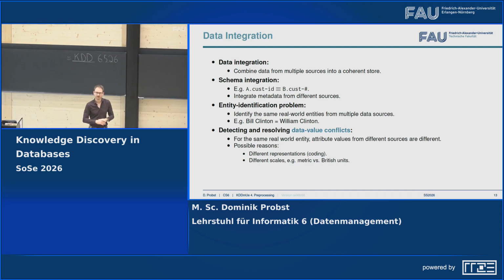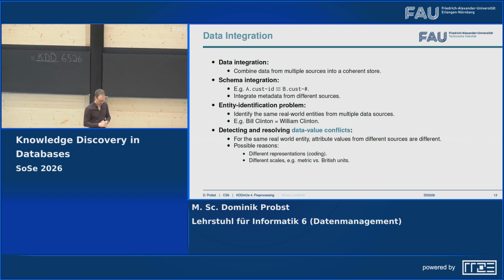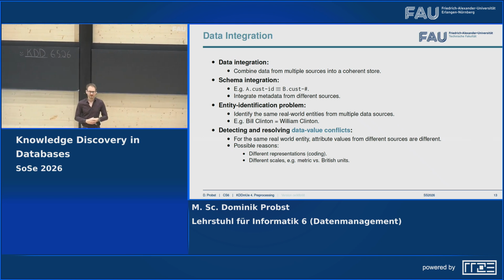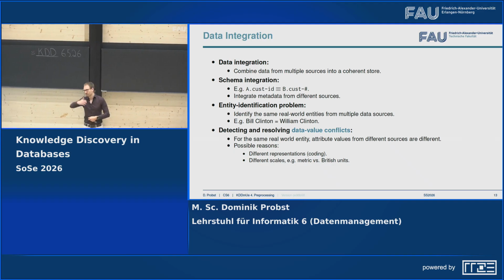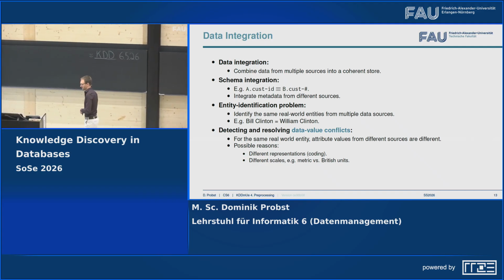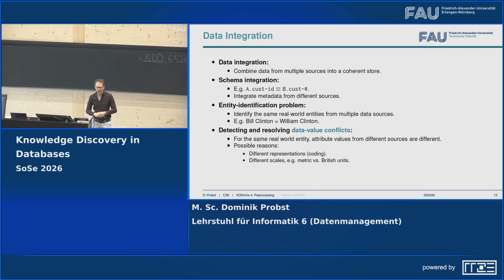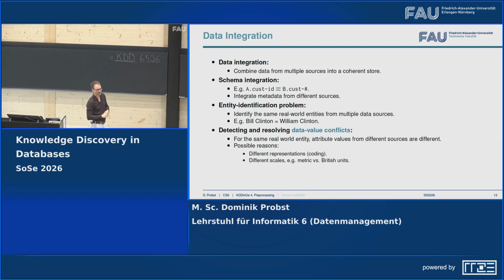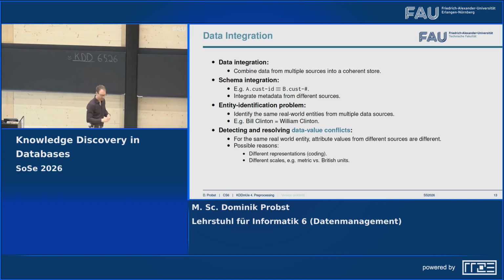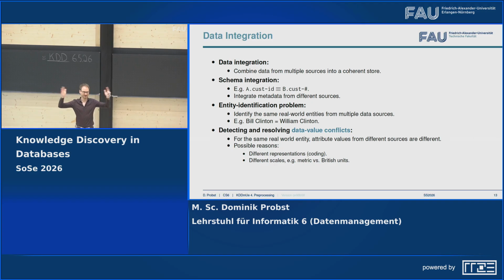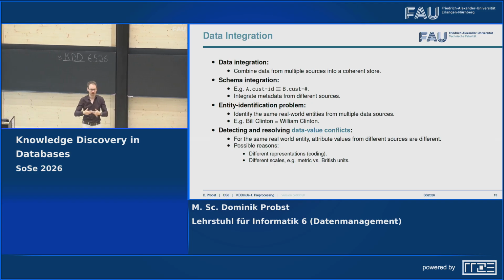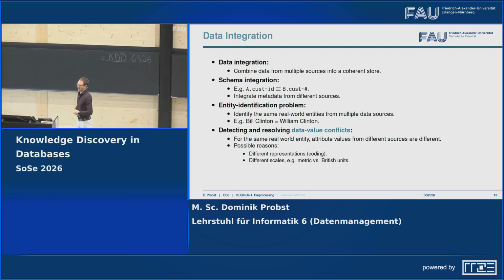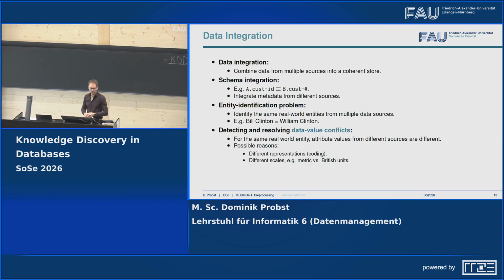It might happen that one product table names a football, WM football of 2026, and the other table, I don't know which producer is producing the ball this year, names it Puma XYZ. And they are the same product. That might happen, and we have to make sure that we identify same world entities from multiple data sources.